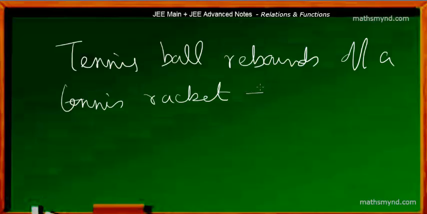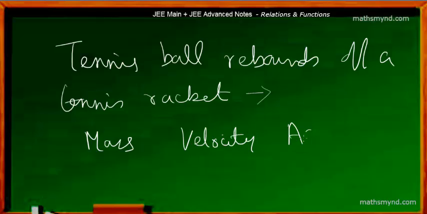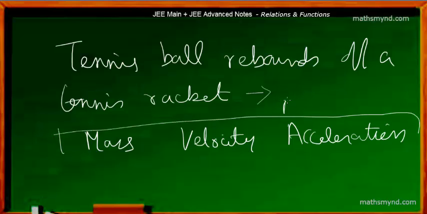If you look at the characters of the ball, so if you look at the three characters, that is mass, velocity, and acceleration, you can see that as far as velocity and acceleration is concerned, after the rebounding process, so after the process, what about all the three after the process? That's what we are looking at.